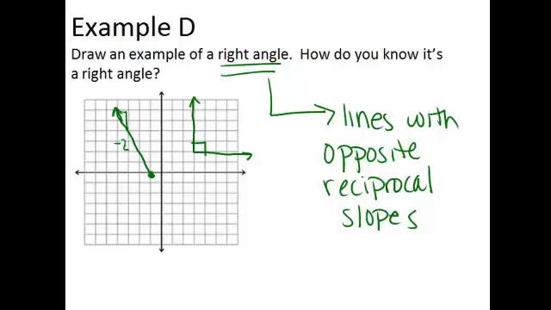So the slope is -2. The opposite reciprocal of that would be positive, that's the opposite part, 1/2, so you flip the fraction. So to create the perpendicular line, we'd have to start at this point and make a line that has a slope of 1/2. So over 2, up 1, just like this. So this would be another right angle.